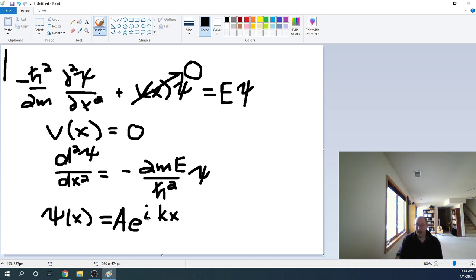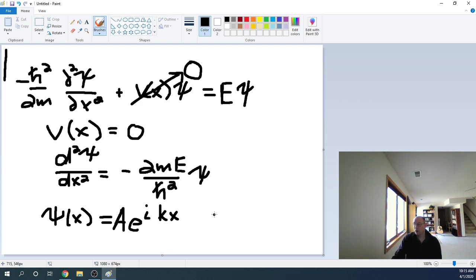Well, 2 factors of i, that's i squared, that's negative 1, because this is the imaginary number. So then you would get negative k squared times A times e to the ikx, and you get the same function back with a negative constant in front of it, which happens to work here.